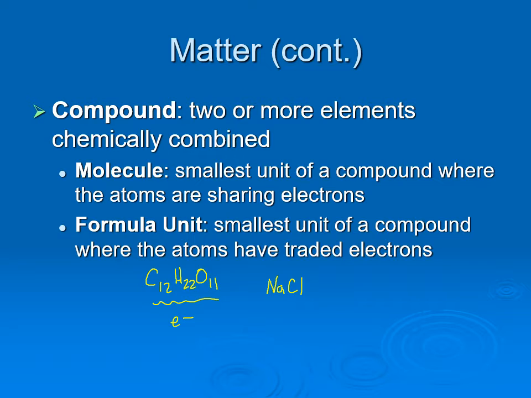Sodium chloride, actually, they have traded electrons, where sodium loses an electron to chlorine, and then that helps to create a bond between the sodium and the chlorine itself. So this would be a formula unit. This would actually be a molecule.